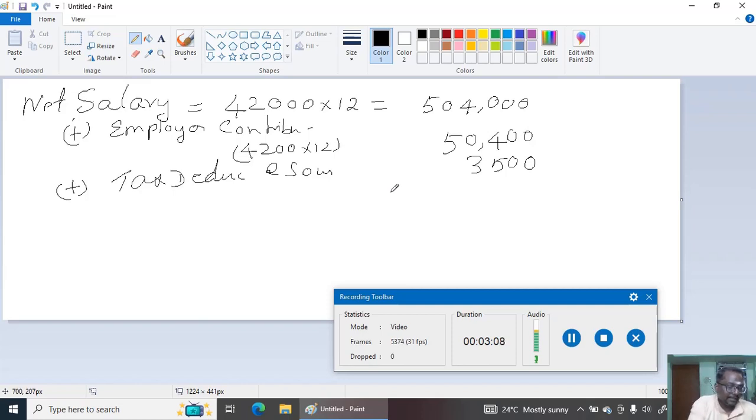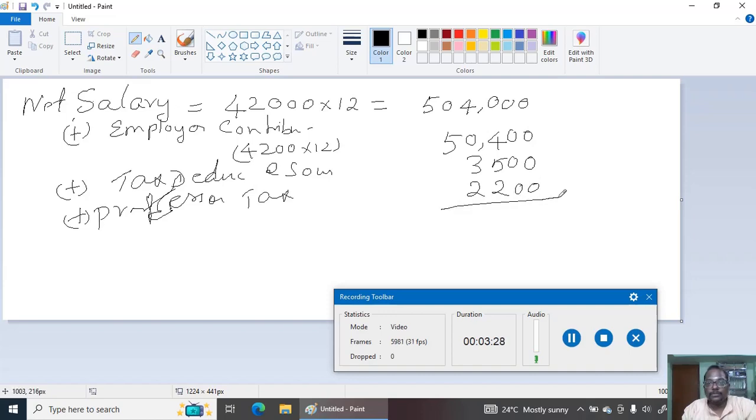The next amount in the problem is the professional tax, which comes to 2,200. So again I'm repeating, the 5,04,000 is the amount which the person has received as net salary.